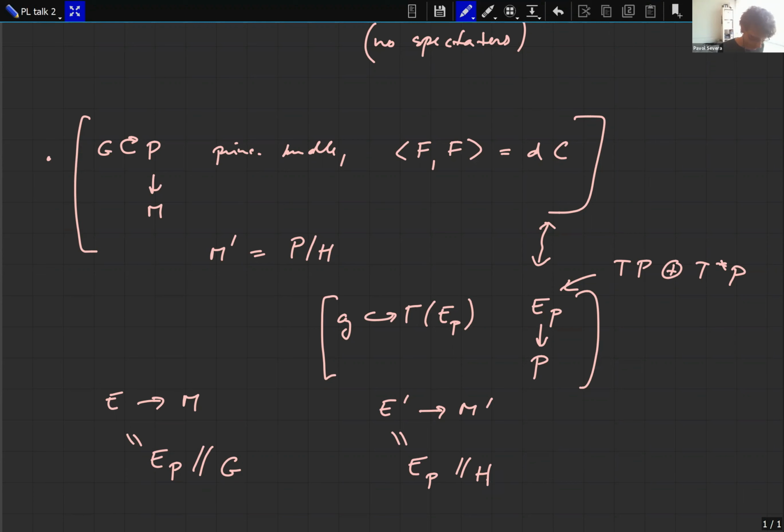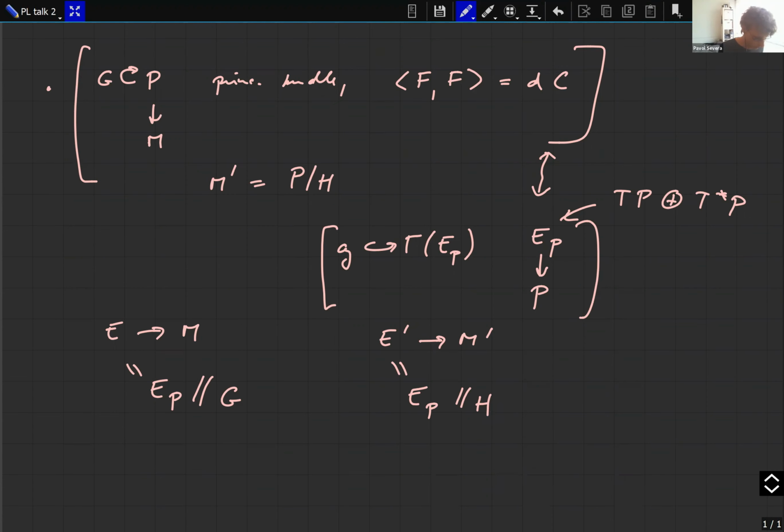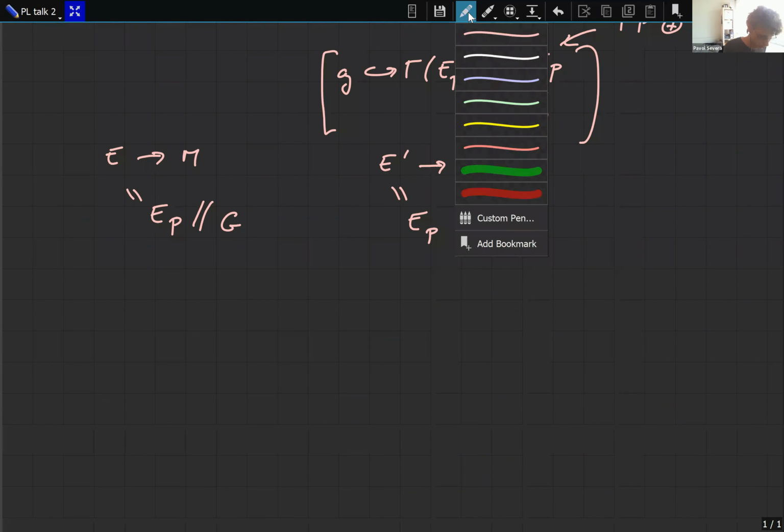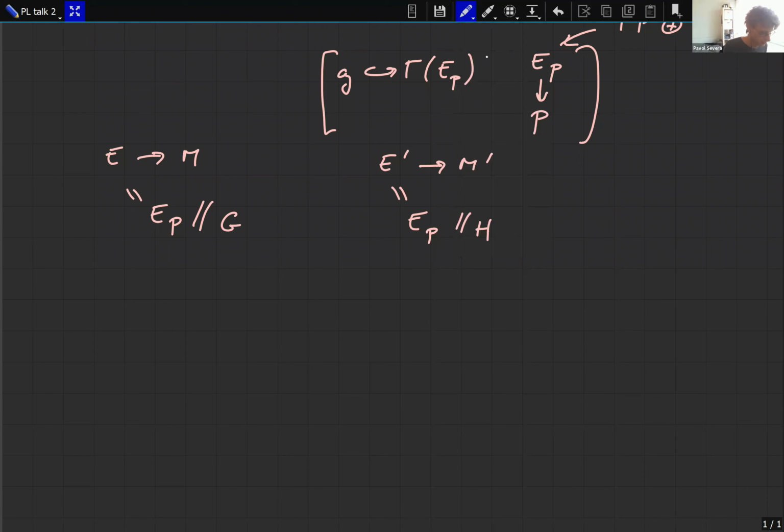Okay, so this was a super long introduction about Poisson-Lie T-duality. But what this talk is about is this generalized Ricci flow. So now the introduction is sort of over.